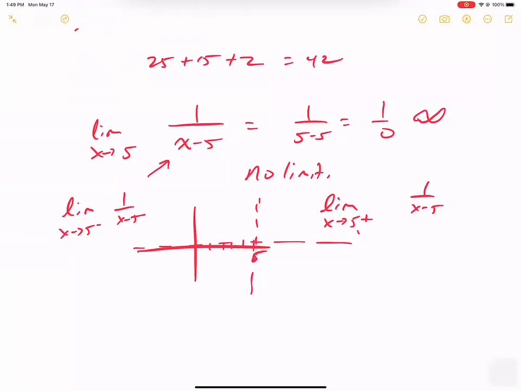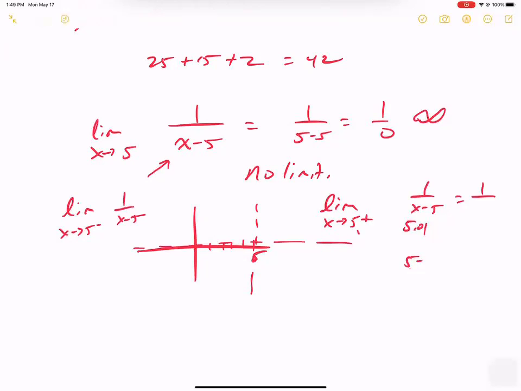So instead of asking that, what happens when I plug in a number like 5.01? Do you see how that's on the right side of 5? Well, it's 1 over 5.01 minus 5.